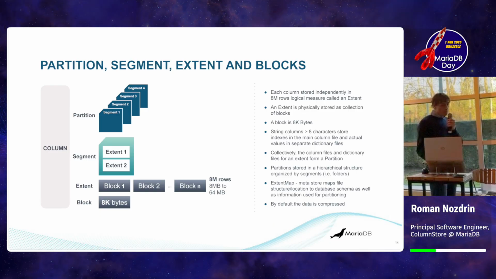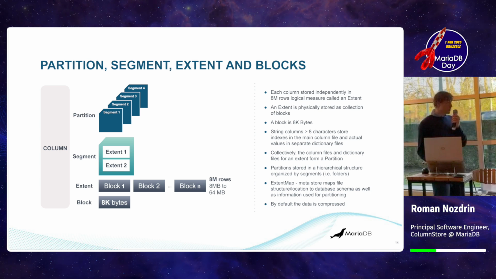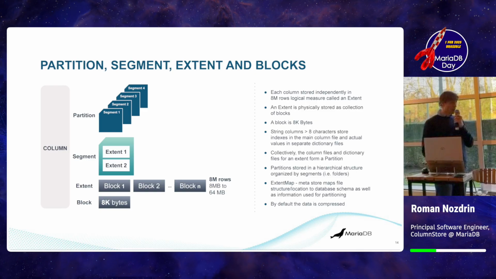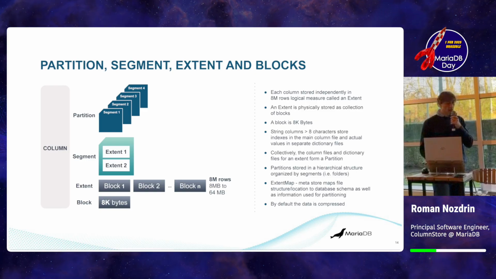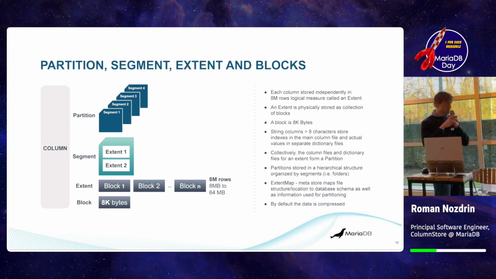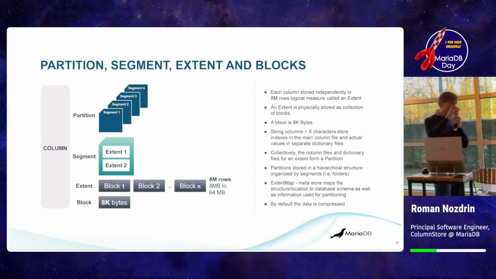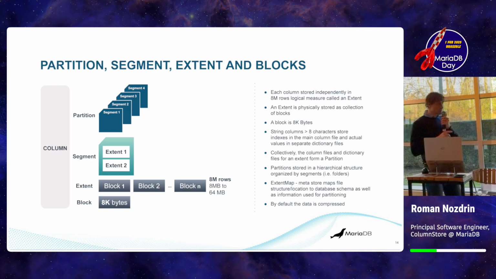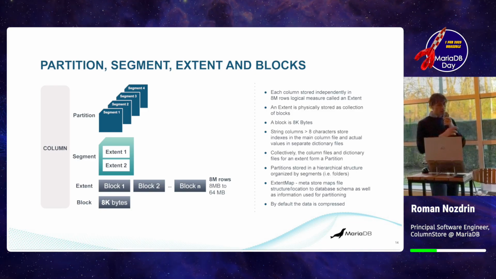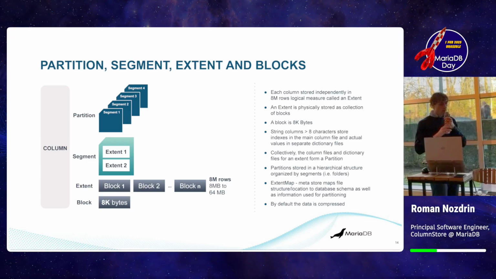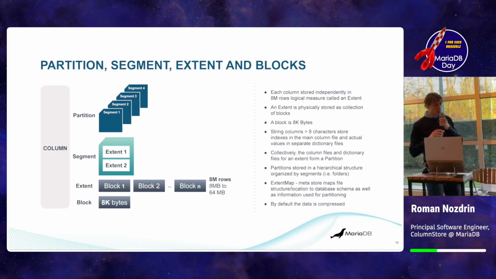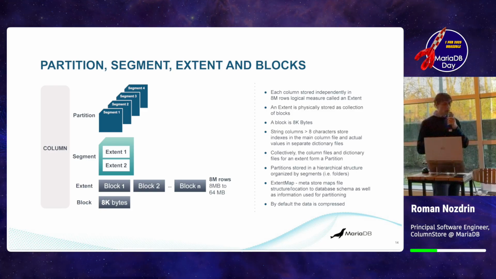And let me remind you that we are talking about columnar storage. So all these blocks and extents, they don't contain records. They don't contain rows. They contain columnar values that belong to the same column. So you guess what? We need to somehow organize the column values that belong to the same records. And this organization, this logical unit, is called a partition.